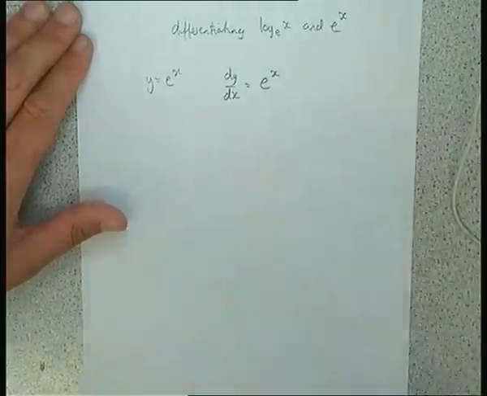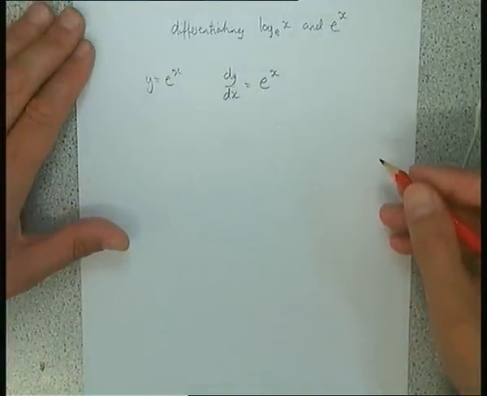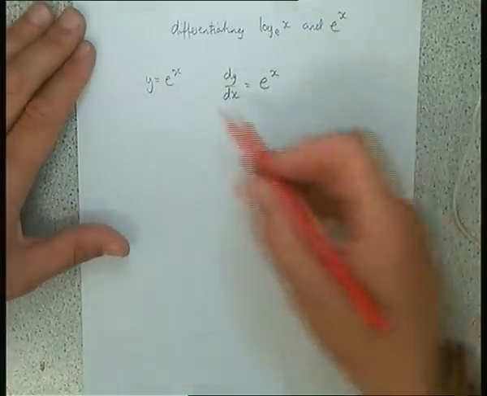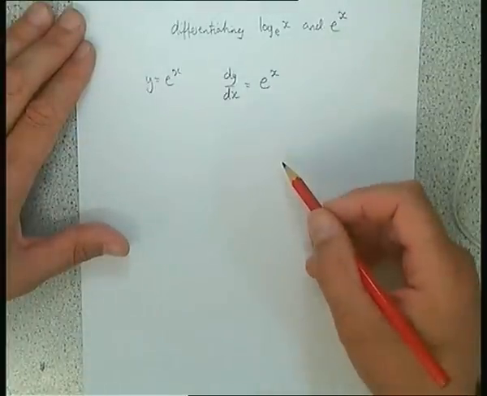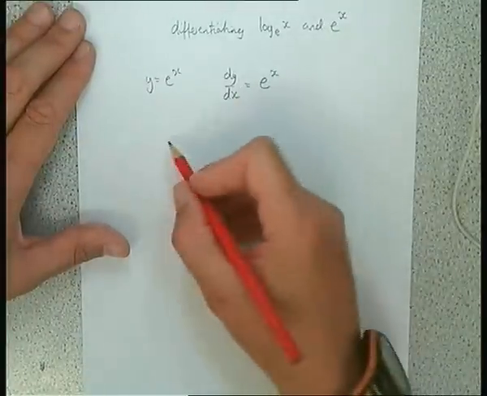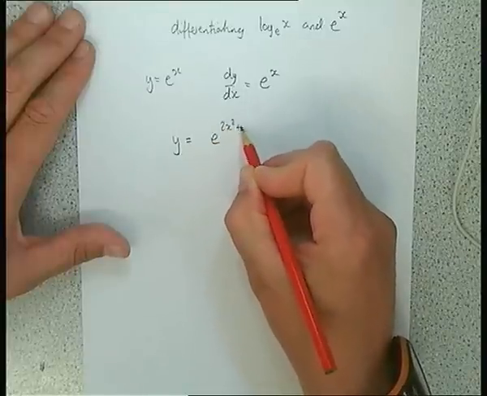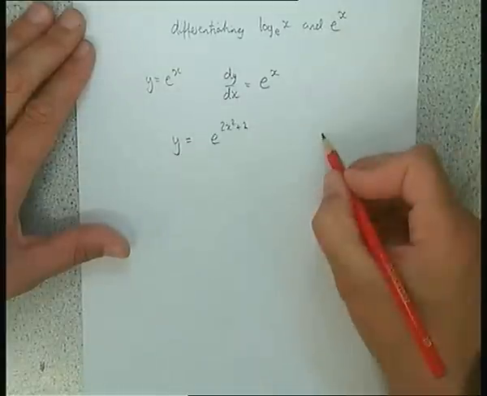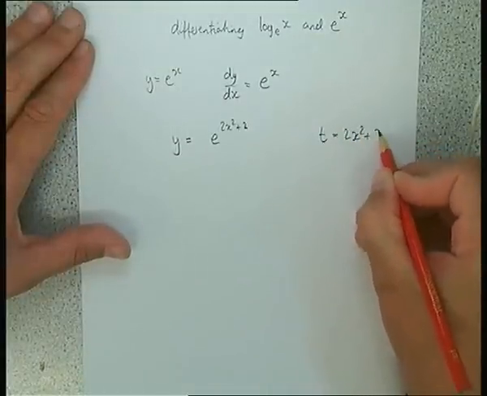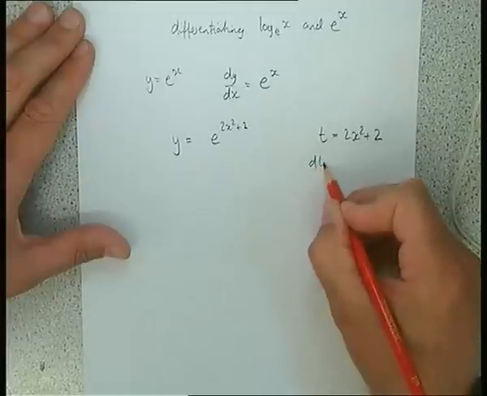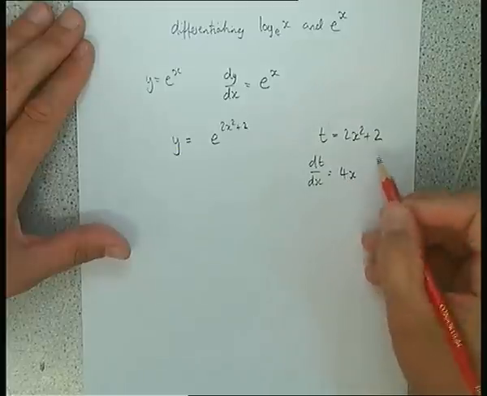Now that again is nice and easy for us, because we can use the chain rule to differentiate any functions that look slightly more difficult. So for instance, y equals e to the 2x squared plus 2. I can just substitute in t equals 2x squared plus 2. That gives me dt by dx as 4x.